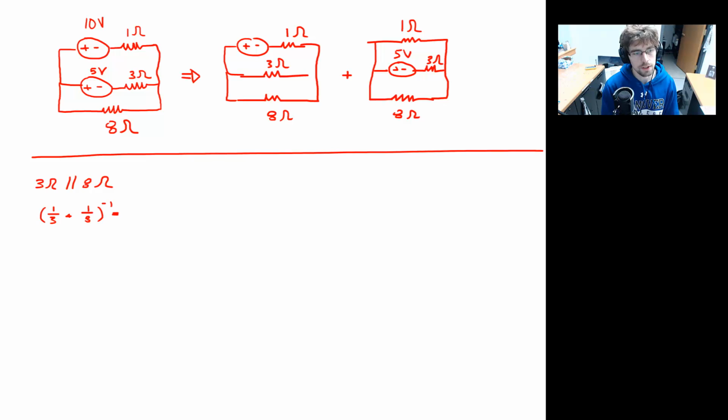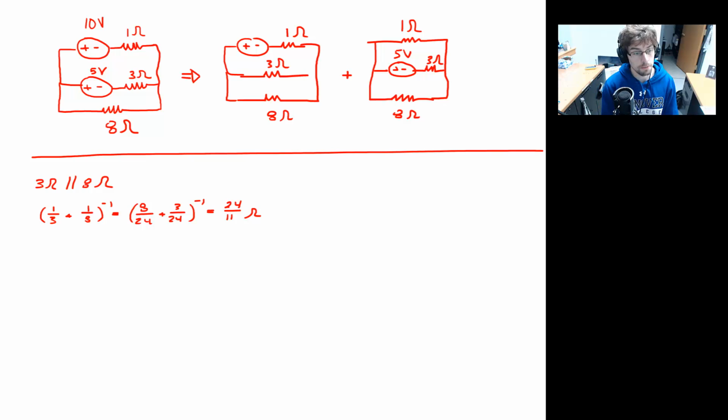So what does this give us? This gives us (8/24 + 3/24), all inverted. So something like 24/11 ohms.